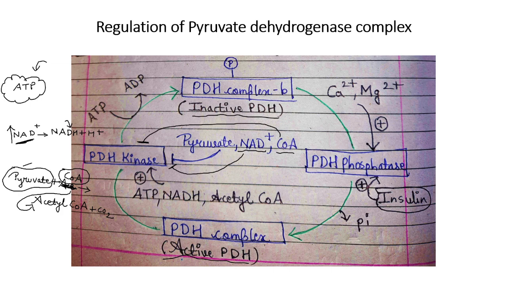When pyruvate levels are higher, it can bind with the pyruvate dehydrogenase complex and promote its oxidation. So for pyruvate oxidation to occur, we should inhibit PDH kinase, because PDH kinase is going to inactivate pyruvate dehydrogenase complex. When PDH kinase gets inhibited, pyruvate oxidation can occur, which is what pyruvate wanted.